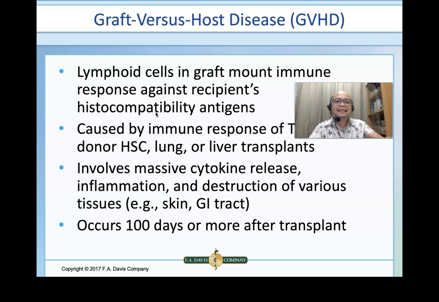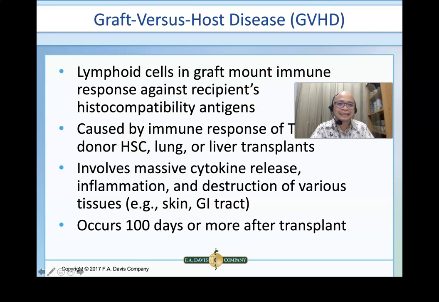When you receive organs, for example stem cells, or a lung or liver transplant from a donor, you didn't know that when they give you the donor organ, they also gave you the lymphocytes of the donor. The lymphocytes of the donor present in that particular grafted organ will mount an immune response against recipient histocompatibility antigen.